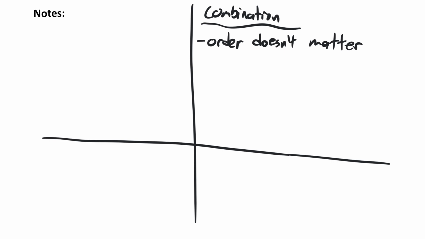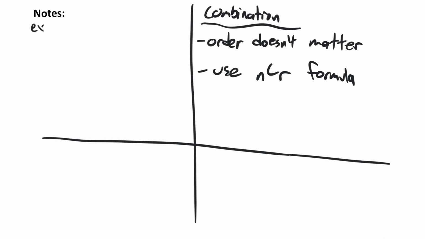You're not putting things in a line. You're not putting things on a shelf. You're not making a password that has specific letters or numbers in order. You're simply making groups. And the way you always solve these is you use the nCr formula or your calculator, because this is the most efficient and this is our shortcut. It helps us solve these problems each time.